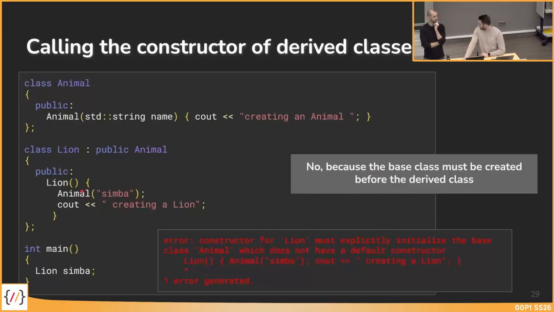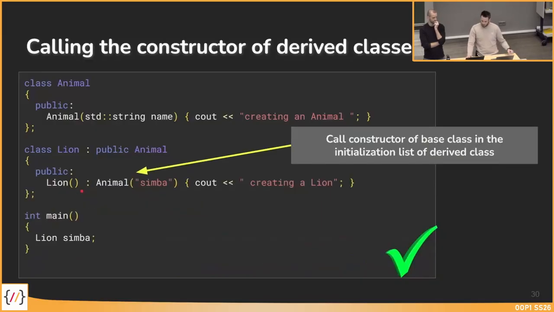And the solution for this is the initialization list. So if we do it here to explicitly call the constructor of the base class that we want to call, in this case we just have one with the name, then afterwards, when we enter the constructor of the derived class, the animal object already is created, and then we can create the lion object. And this is why the initialization list is so important.